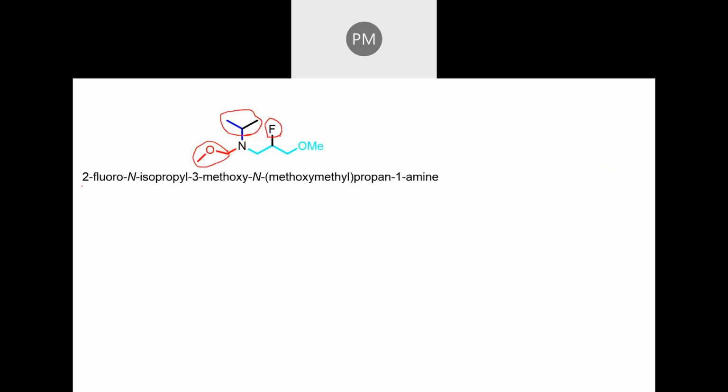So there is a 2-fluoro substituent, and there is an isopropyl group with a 3-methoxy group, and this is the N-isopropyl group, and this is the methoxymethyl, and the total chain is 1, 2, 3, 4, 5. So propan-1-amine.